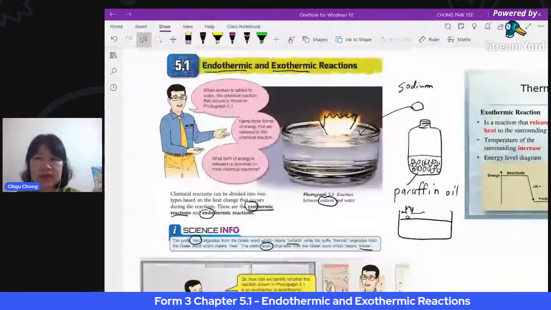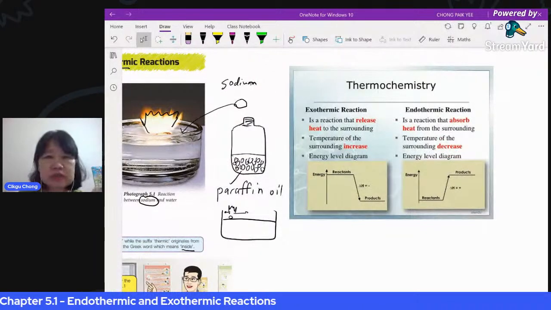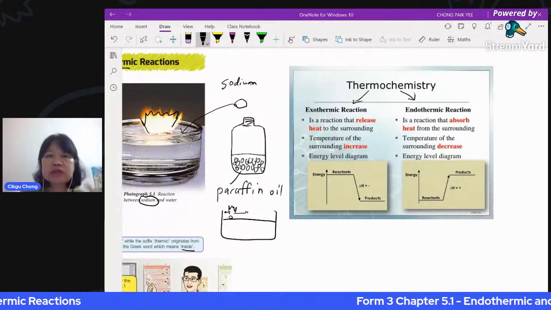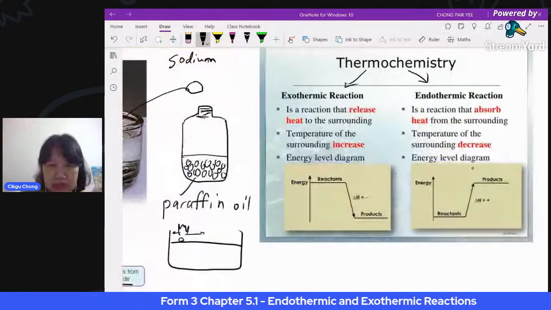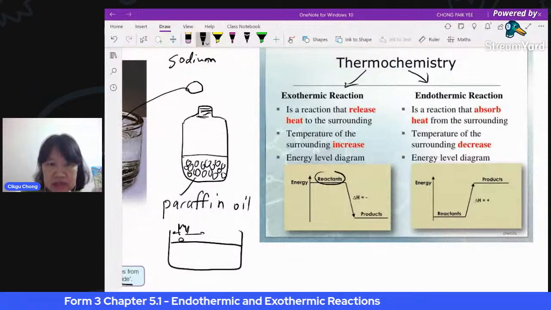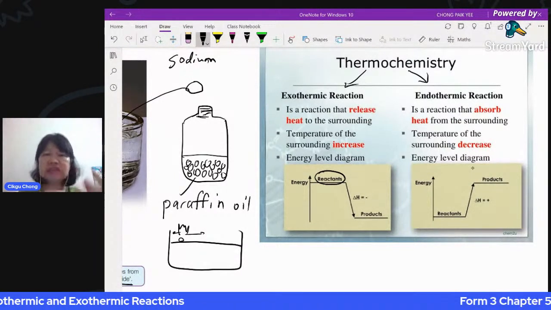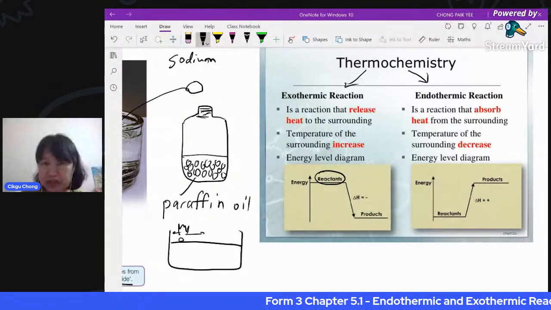Now look here. In chemistry, in thermochemistry, we have this word exothermic reaction. You need to remember this. It's a reaction that releases heat to the surrounding. That means in the beginning, the reactant, a substance that hasn't taken part in the reaction yet, has more energy inside it.